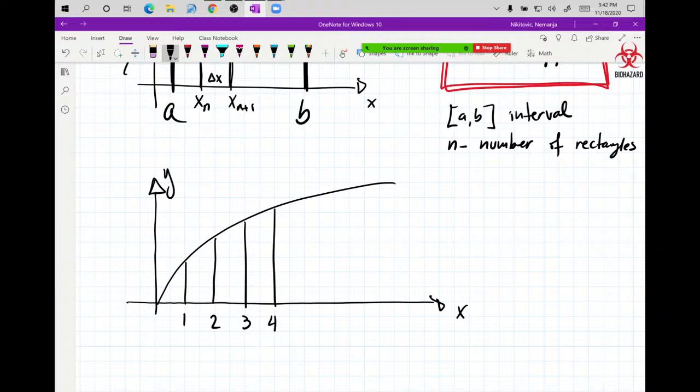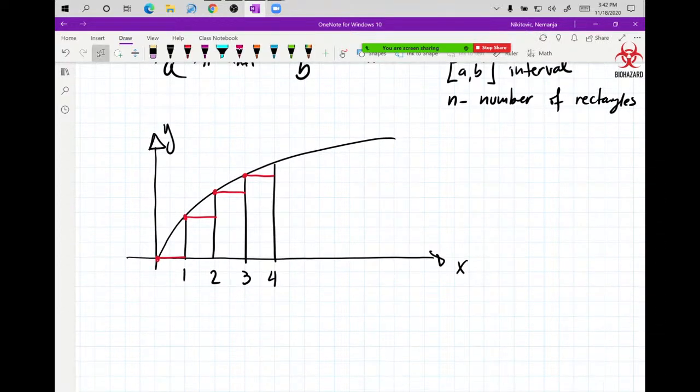Anyway, we have this situation from before, and let's take our left approach. There we go. My delta x was 4 minus 0 divided by 4 rectangles, which equals 1.